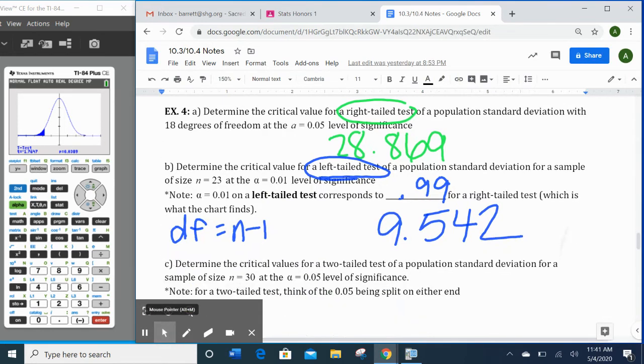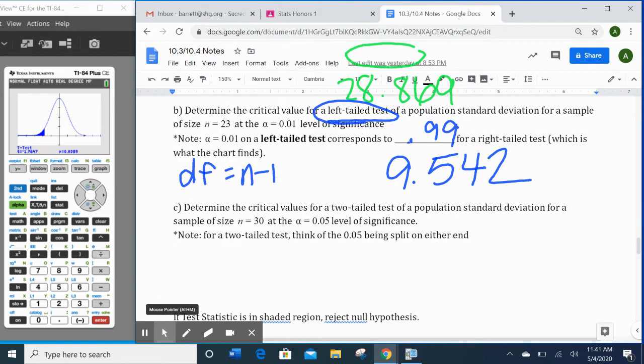A couple of extra things to be aware of. Part C, determine the critical values for a two-tailed test of a population standard deviation for a sample size of n equals 30 at the alpha equals 0.05 level of significance. First of all, the degrees of freedom, I'm going to be using 29. Second of all, they say critical values.